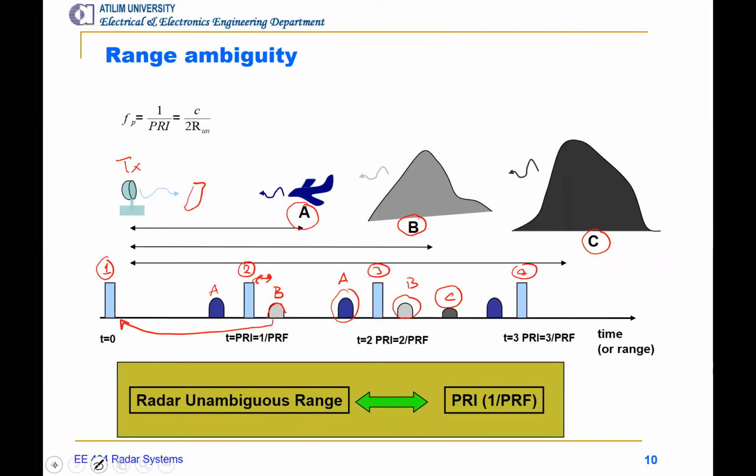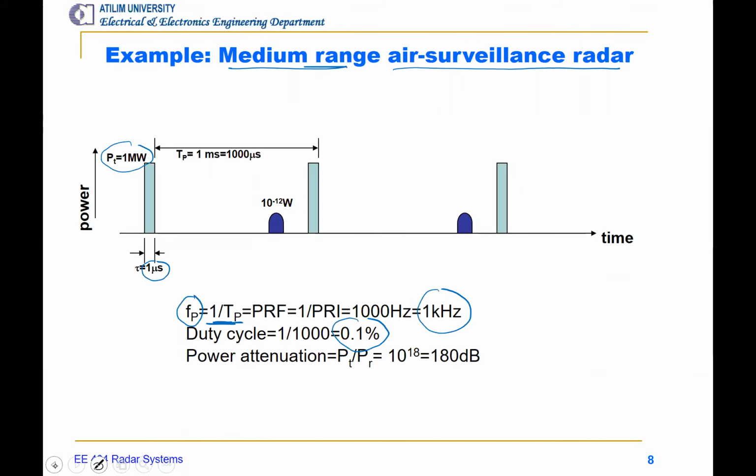I forgot to talk about a parameter here. One of the students warned me: power attenuation. Power attenuation is the ratio of the transmitted power and received power.